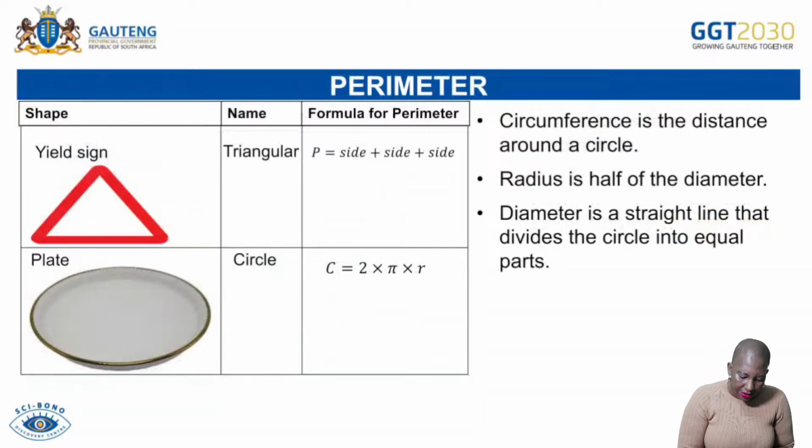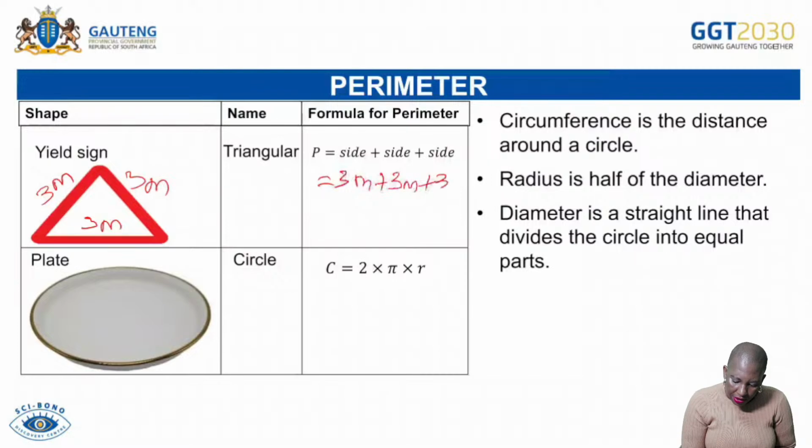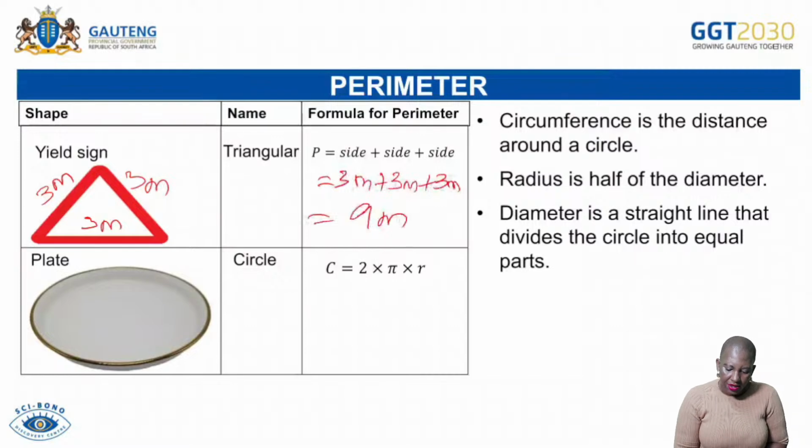If they say one side is 3 meters, that means all these sides are 3 meters. For the perimeter, I just add 3 plus 3 plus 3, which is 9 meters. Single unit.